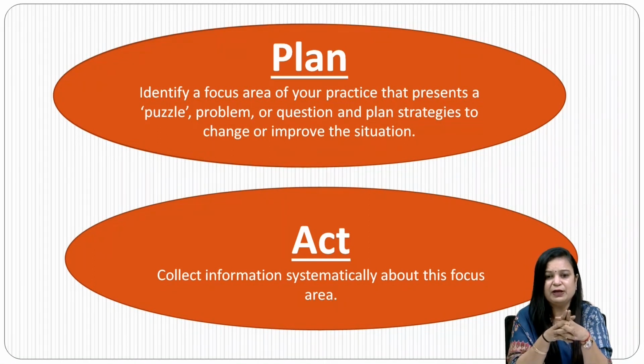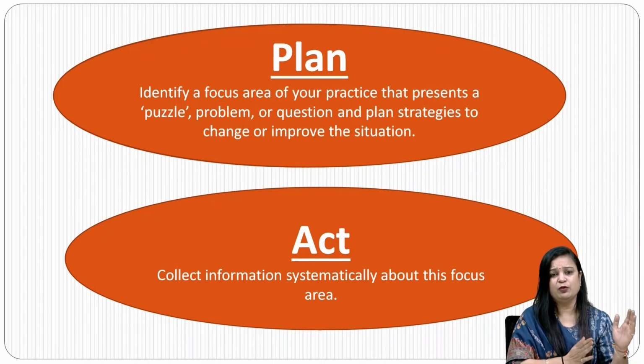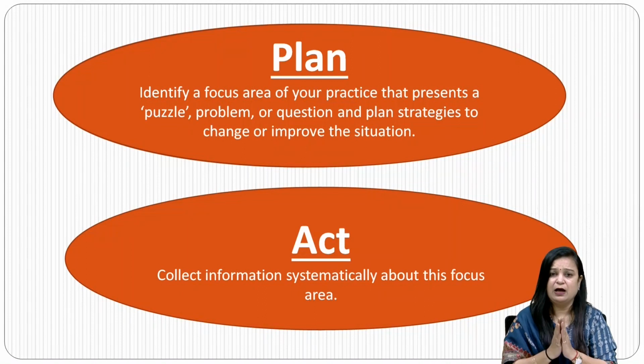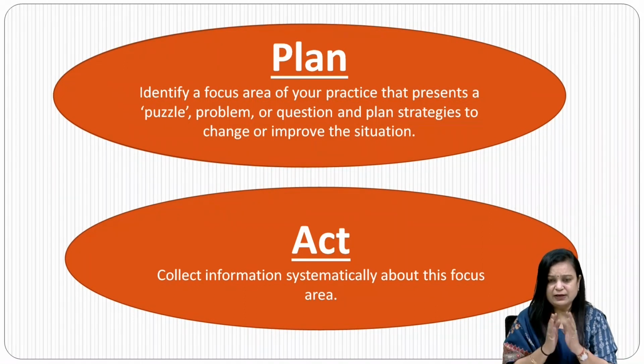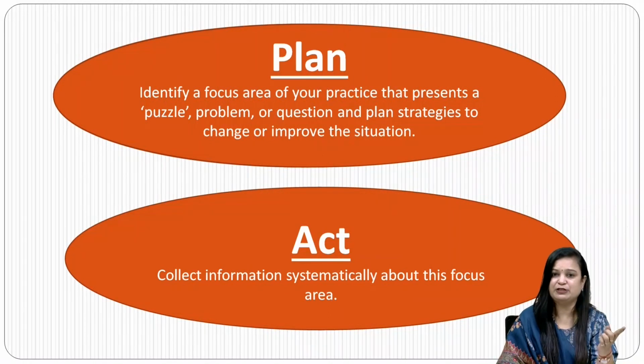The vision should be clear, the objective should be clear, the sample size, how you are going to carry forward your study. The fruitfulness or productivity of your action research basically depends on your perfect planning.